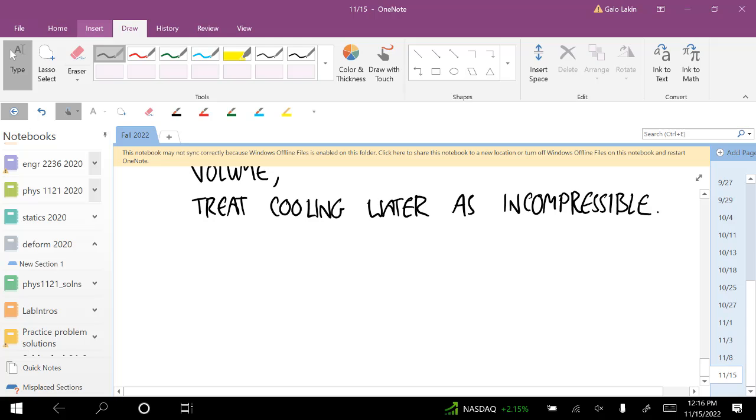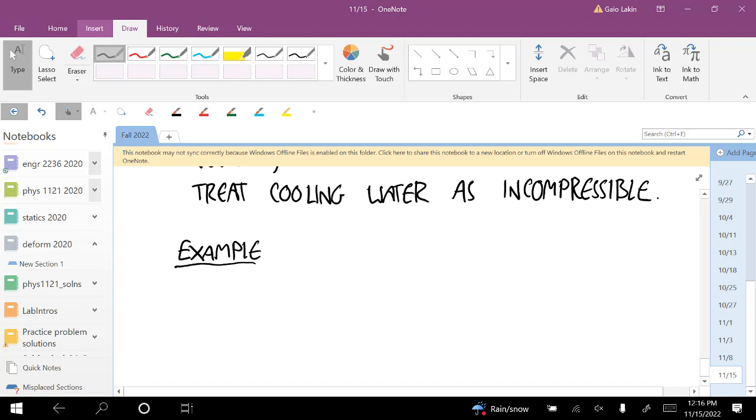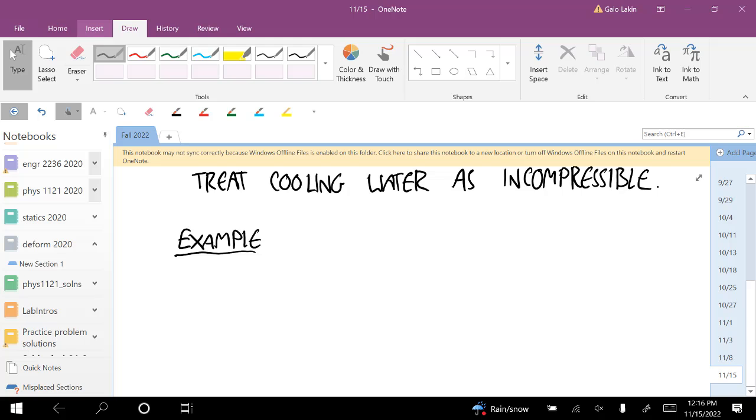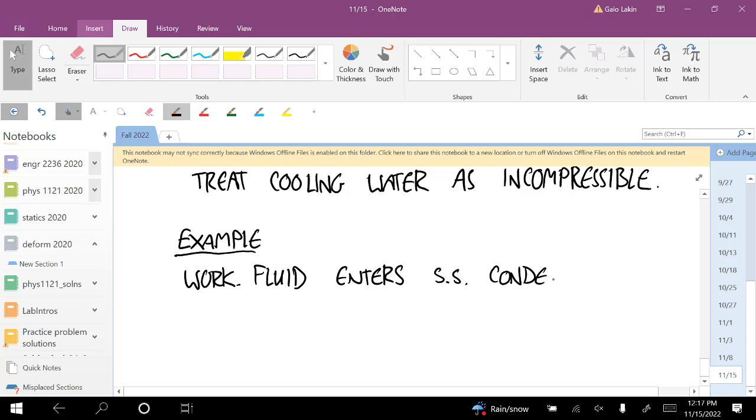Okay, so let me do a quick example of how you would do something like this. So let's say the working fluid enters a steady state condenser as a mixture of liquid and vapor at saturation.